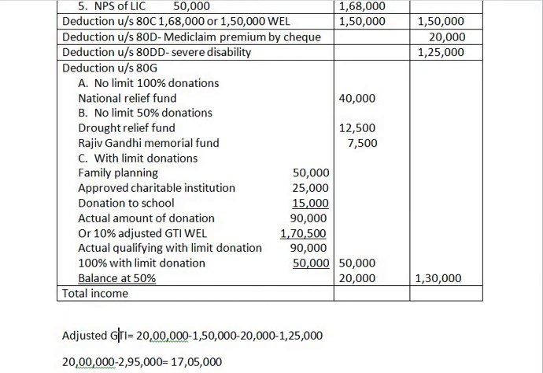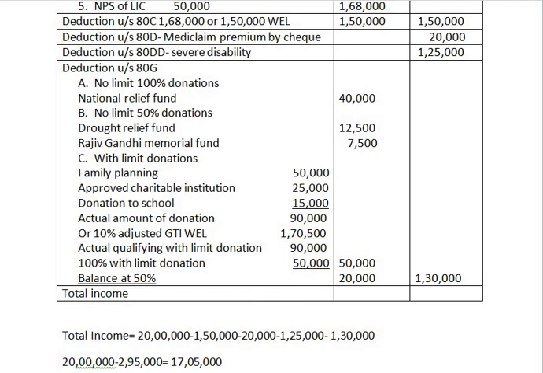Now we can calculate total income here: 20 lakh minus 1,50,000 minus 20,000 minus 1,25,000 minus the deduction under section 80G, which is 1,30,000.